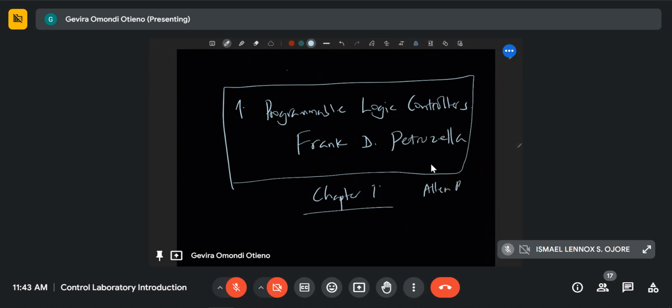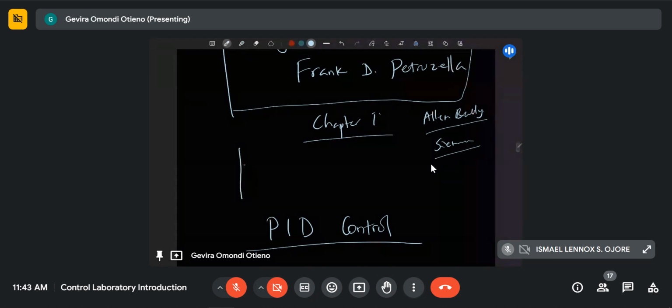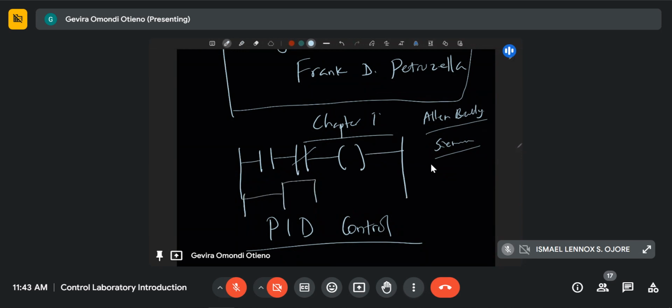But the beauty is, if you look at Allen Bradley PLCs and Siemens PLCs, they are more or less the same. If you're plotting their ladder diagrams, they have the same symbol for the normally open contact. They have the same symbol for the normally closed contact. They have the same symbol for the coil, that is the output. They have almost similar symbols for timers.